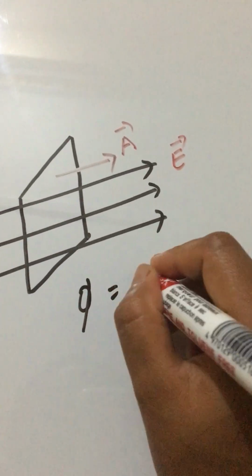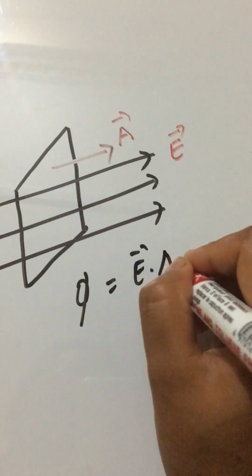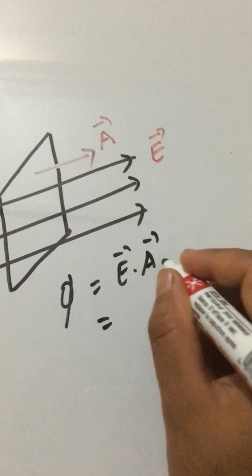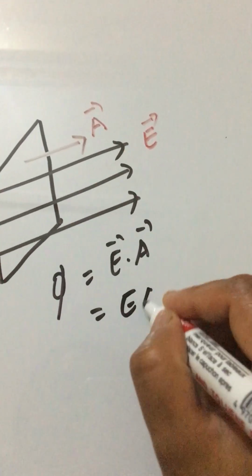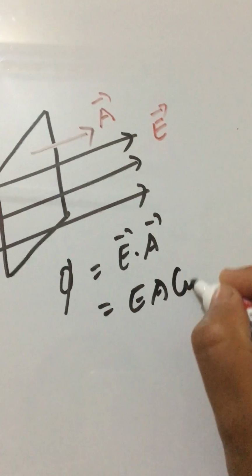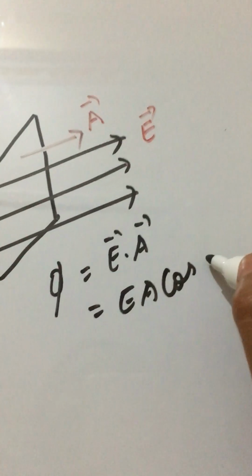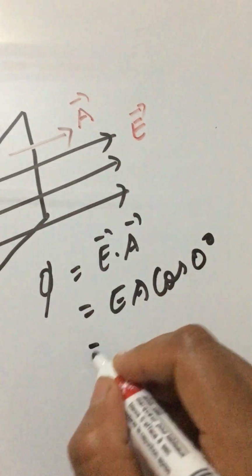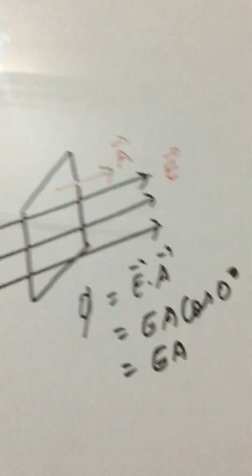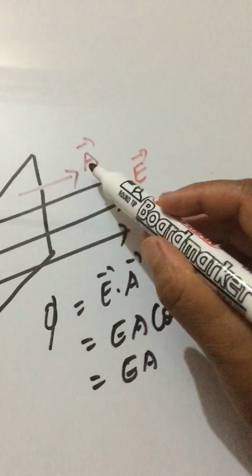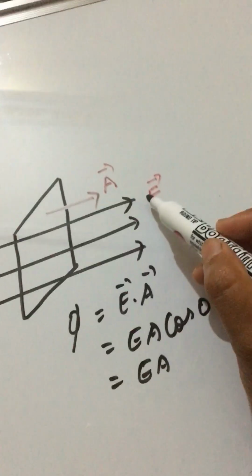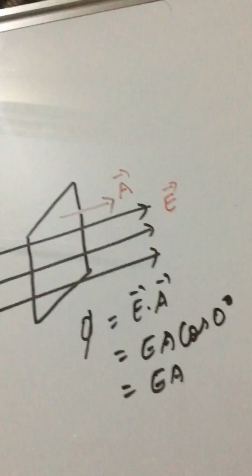The flux is what? E dot A, right? Now if it is E dot A, then what is the angle? Dot means what? Cos, right? What is the angle between E and A? This is 0 degrees. So what is the flux? EA. So it's not only electric field and area. How the electric field is, that will determine the flux.